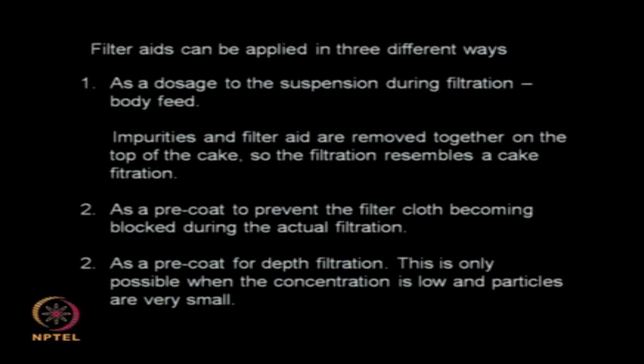The second approach is the pre-coating of the filtration unit, that means the filter aid settles on top of the filter medium initially, so the solids will not block the pores, thereby maintaining your flow rate. The third approach is if you are using depth filtration, again you can use the filter aid as a pre-coat, but here you need to keep in mind that the particle size of the filter aid has to be small, so that they travel right down to the bottom of the filtration unit.